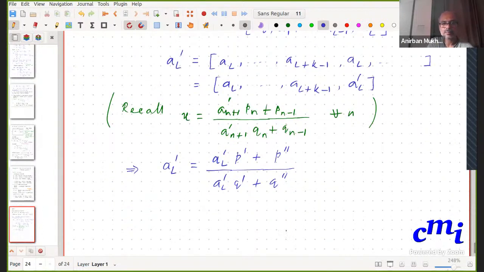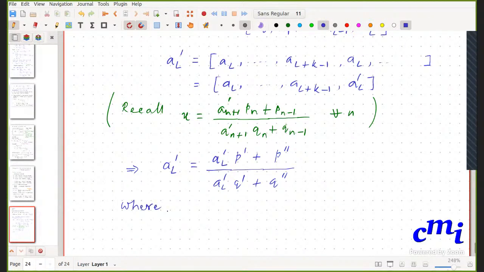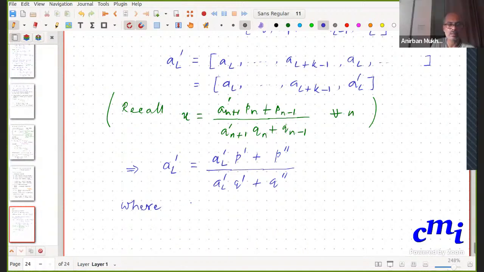So what are these? P dash by Q dash and P double dash by Q double dash are the last two convergents.